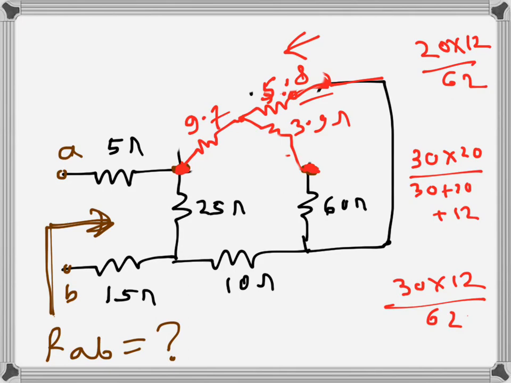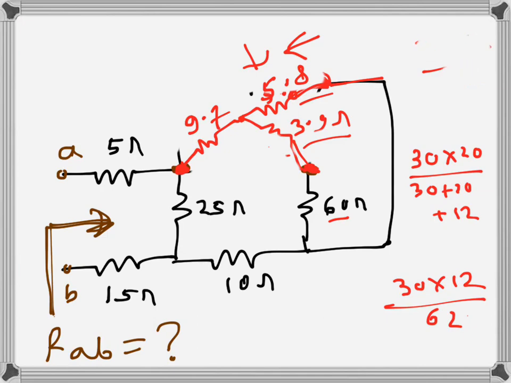I will actually leave it like that, so that's better. So 3.9 ohms and 60 ohms, these two are coming in series, as we can see now, and that series combination is coming in parallel with the 5.8 ohm resistor.